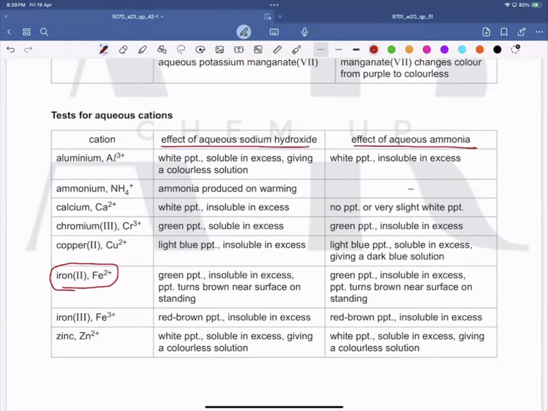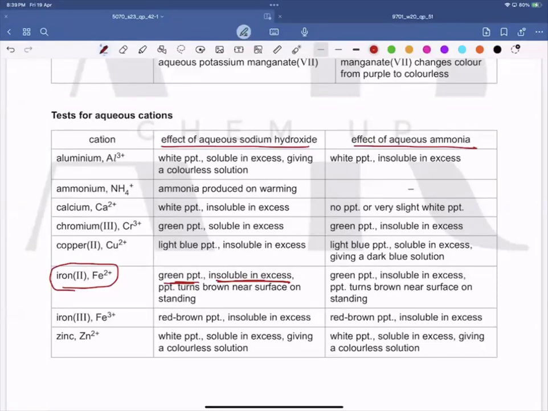In both of them, you see green precipitate insoluble in excess. It means initially we add a small amount of sodium hydroxide and we are going to observe the green precipitate. And when we add excess sodium hydroxide, the precipitate doesn't dissolve, it remains insoluble. Is this understandable?